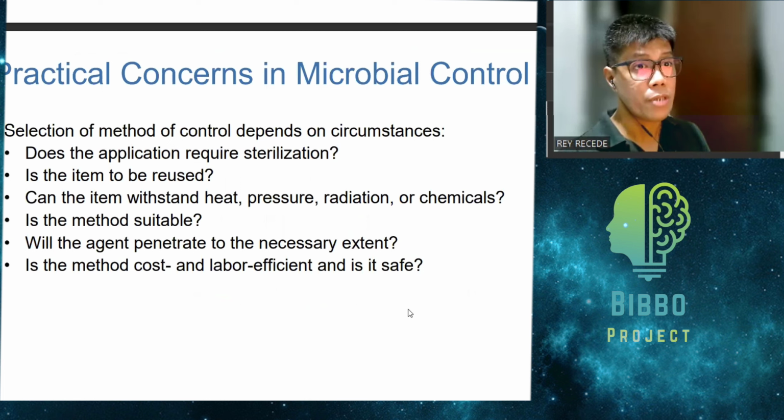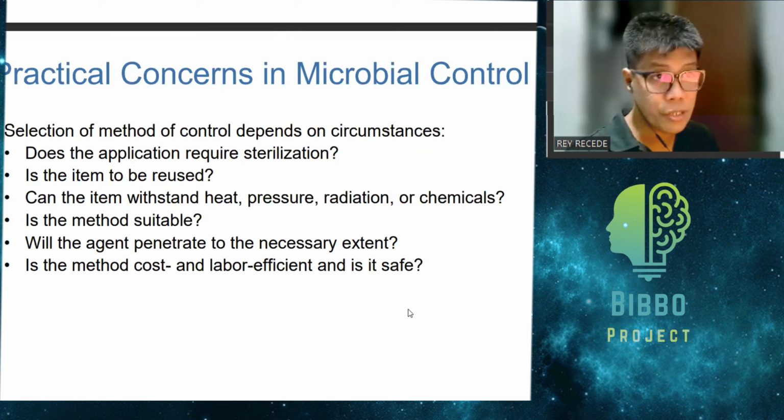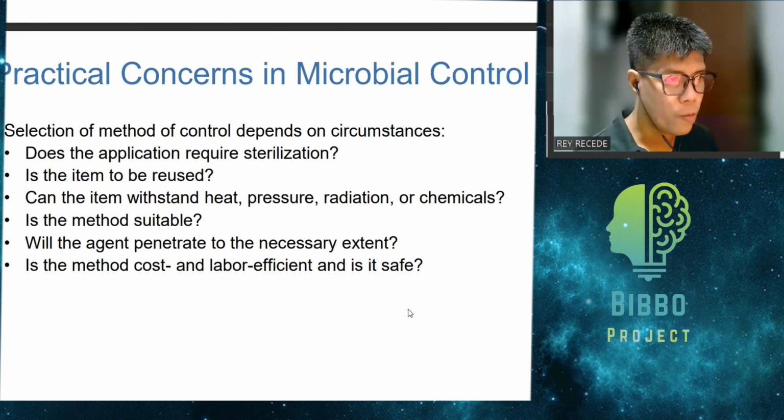There are practical concerns in microbial control. These are the following. Selection of the method of control depends on the circumstances. Does the application require sterilization? Because sometimes methods cannot go alone. They can go in pair, maybe multiple methods can be applied. Is the item to be reused? Can the item withstand heat, pressure, radiation, or chemicals?